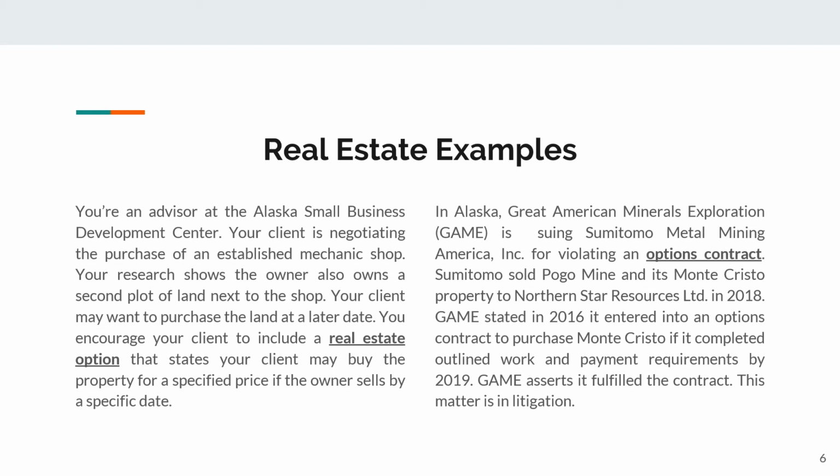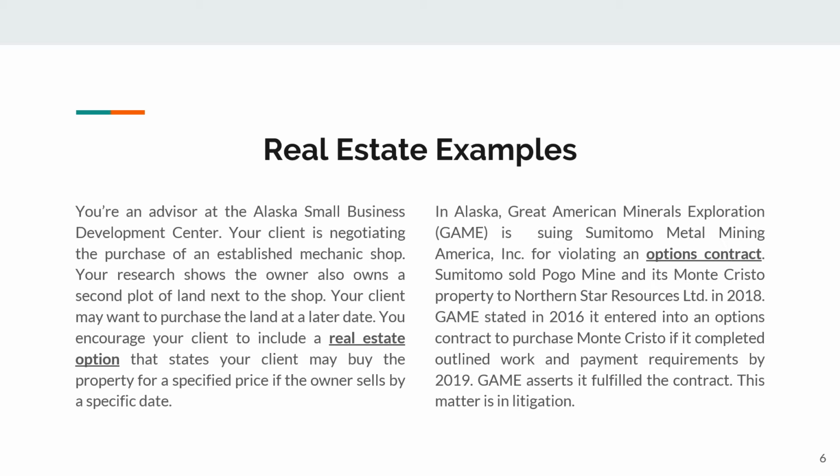Now, another real estate example here is something that is actually ongoing here in the state of Alaska. So there is a company called Great American Minerals Exploration, and it's suing Samuto Metal Mining America for violating an options contract. Samuto sold Pogo Mine and its Monte Cristo property to North Star Resources in 2018.